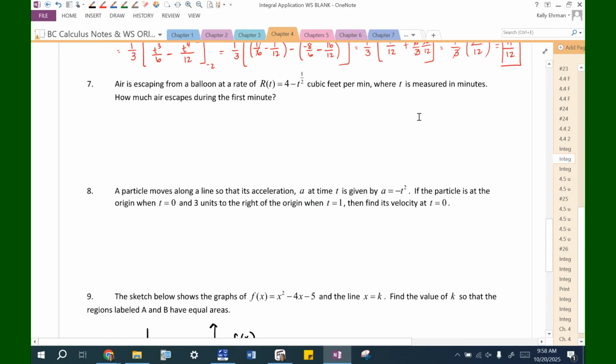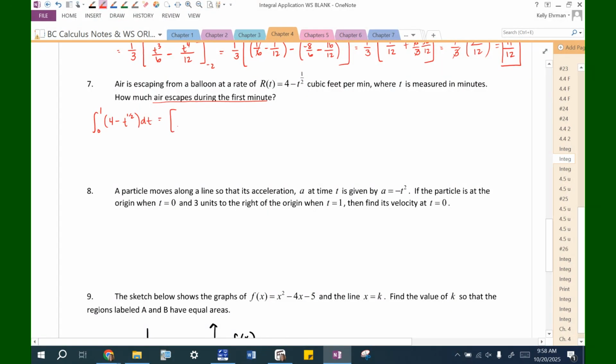Air is escaping from a balloon at a rate of r of t equals 4 minus t to the 1/2 cubic feet per minute, where t is measured in minutes. How much air escapes during the first minute? So t is measured in minutes. So this is just the integral from 0 to 1 of 4 minus t to the 1/2 dt.